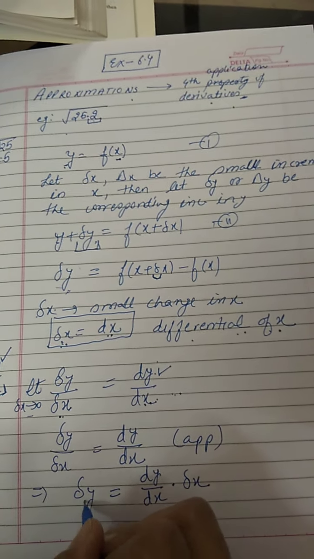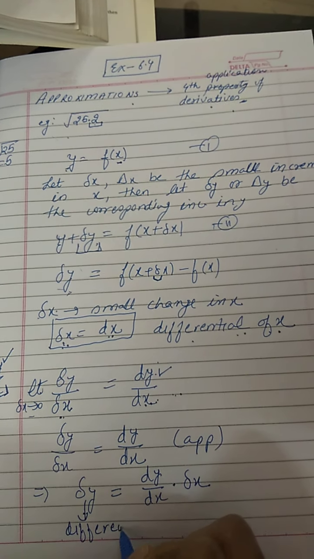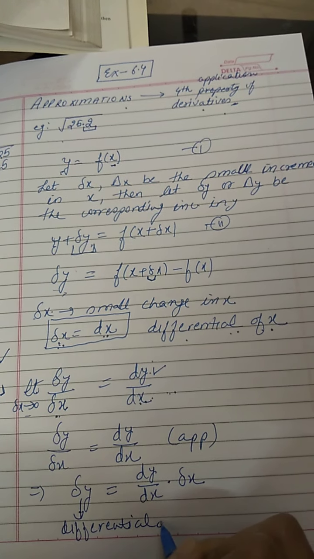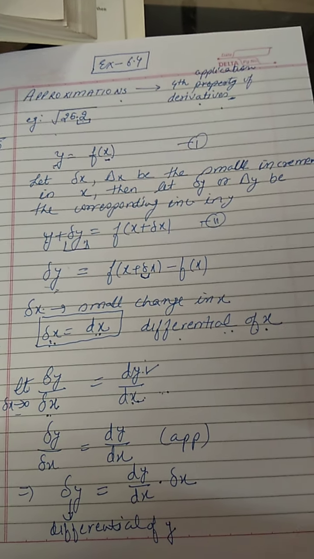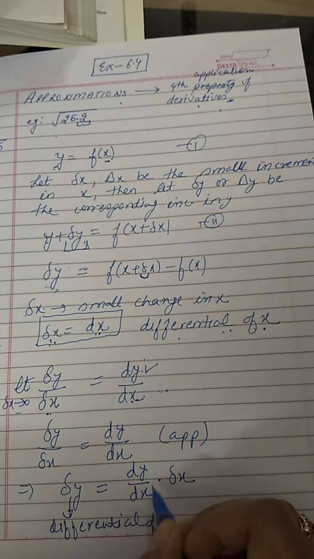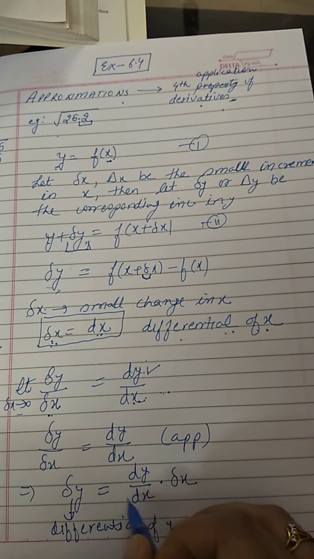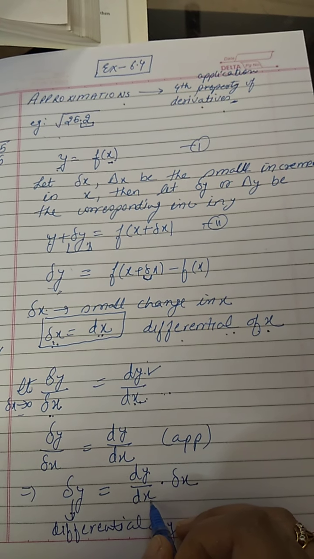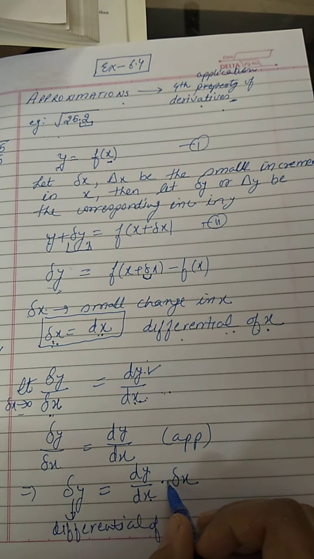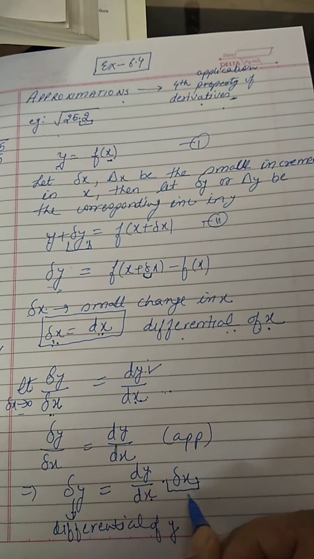Now this is the differential of y. Ultimately we are getting the value of the differential of y. So what is the differential of y? It is the derivative of y with respect to x into the corresponding change in x, that is the differential of x.